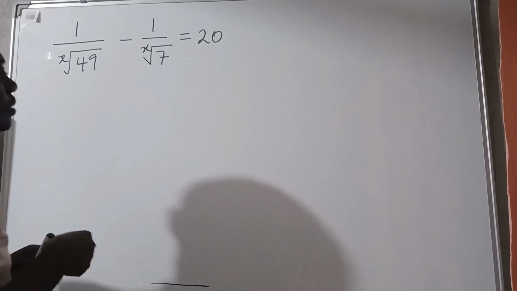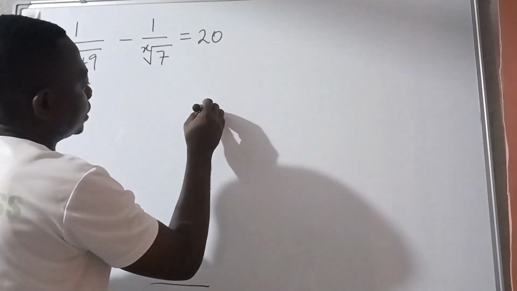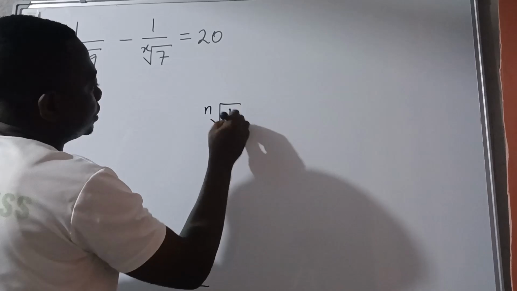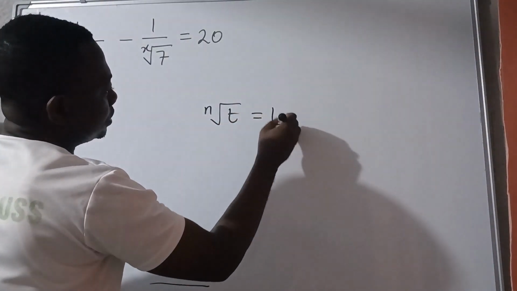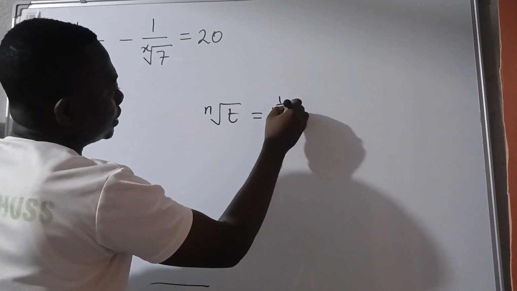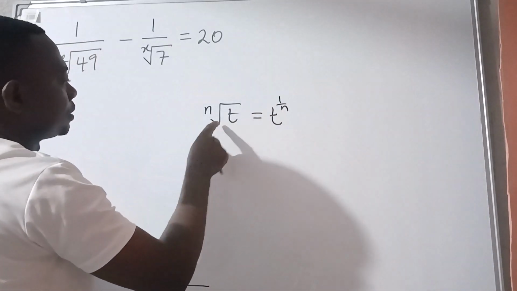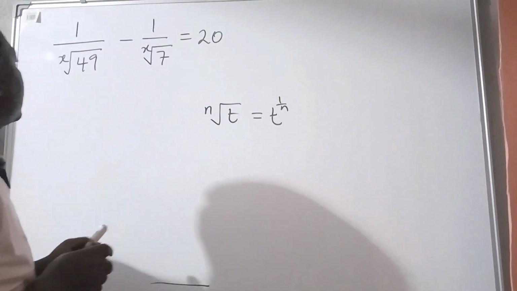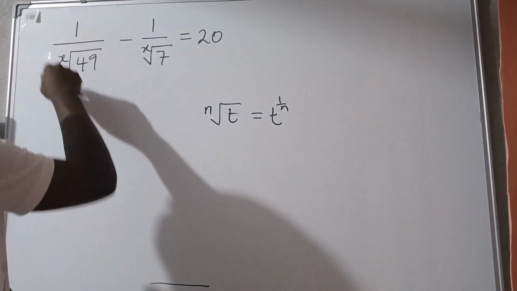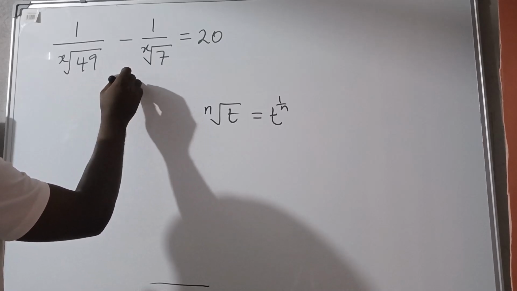So when we are given the n root of t, this one is the same as t exponent 1 on n. So this one and that, they are the same. Now we can rewrite this one as, so let me write the solution first.